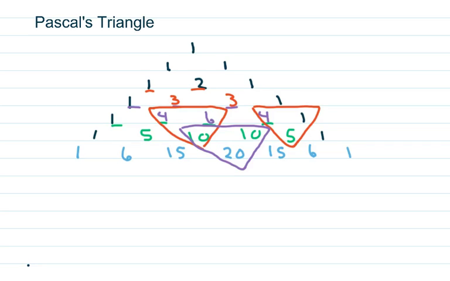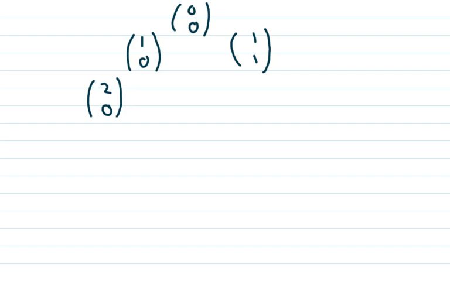And we can also use this to do our combination formulas, which we have over here. Basically, you should know that n choose j is n factorial over j factorial times n minus j factorial.